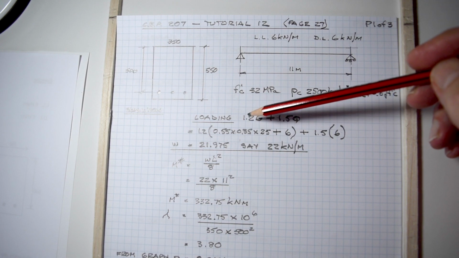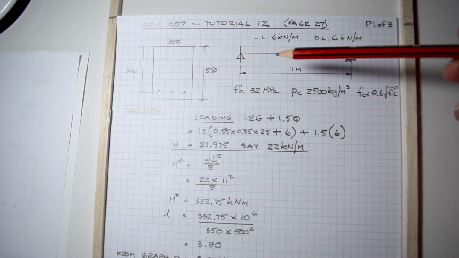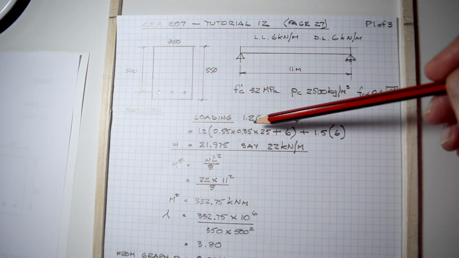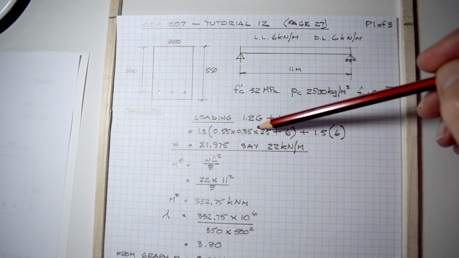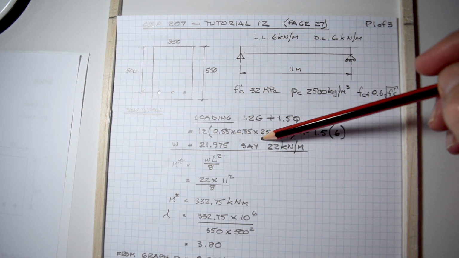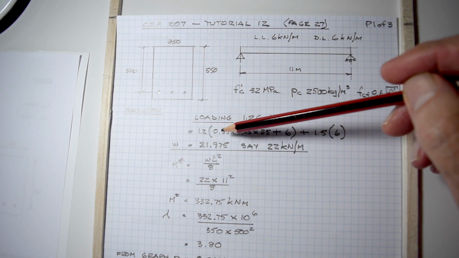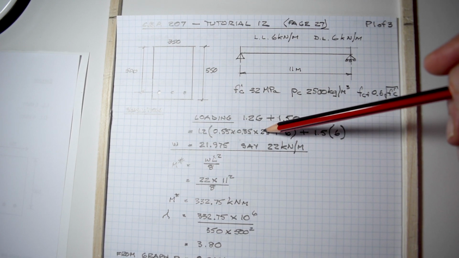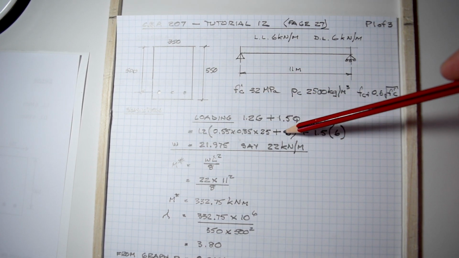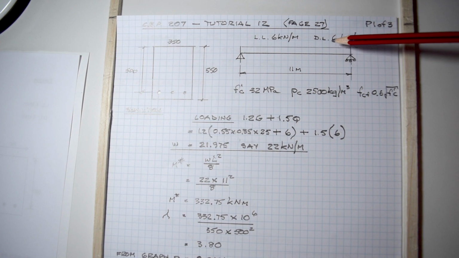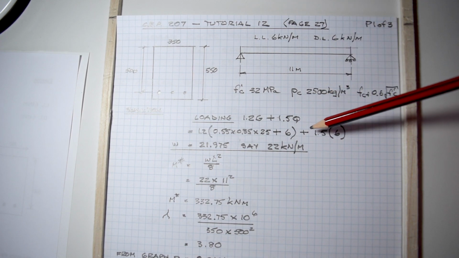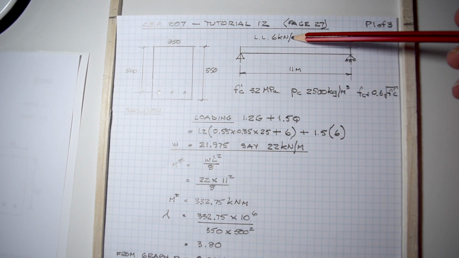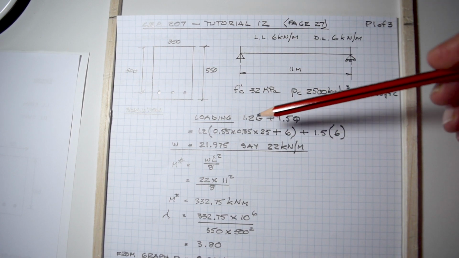The loading, to work out the ultimate moment, 1.2 G plus 1.5 Q. I've got 1.2 times the mass of the beam per meter, 0.55 times 0.35 times 25 kilonewtons per cubic meter, plus 6, which is your dead load, plus 1.5 times 6, which is your live load factorized.